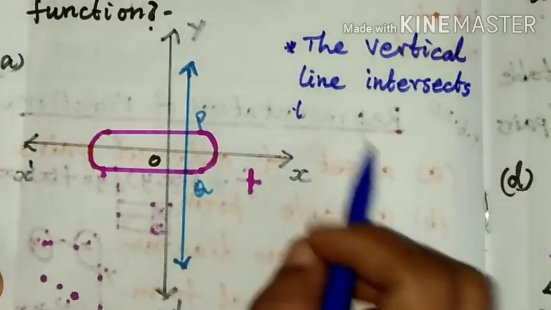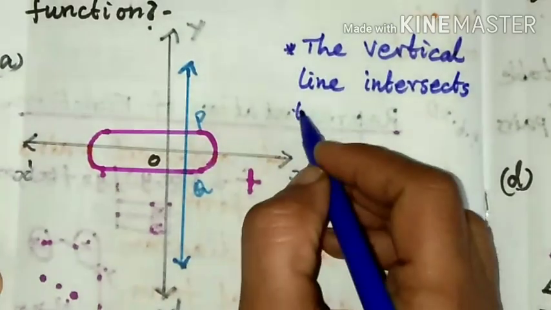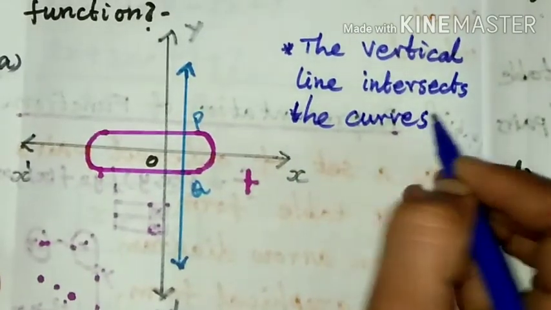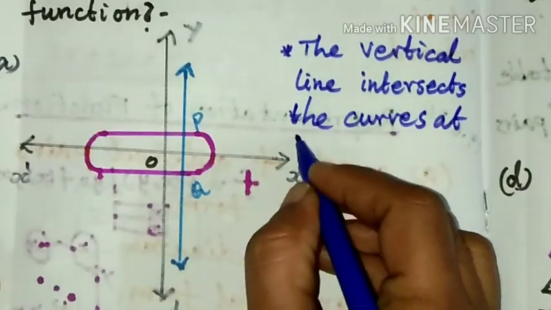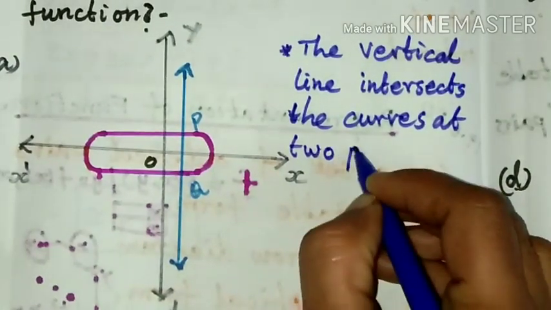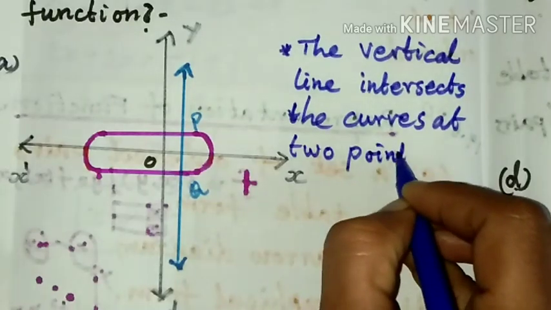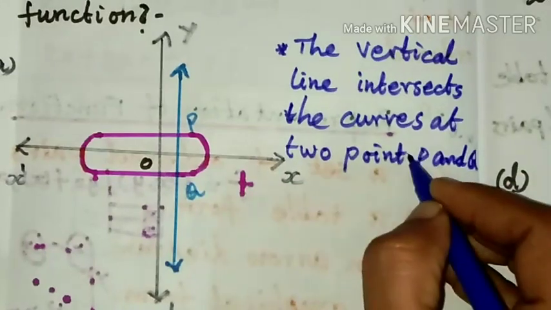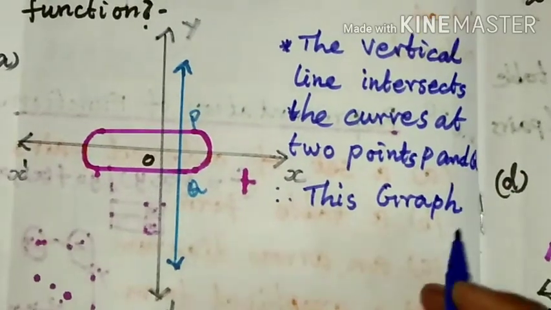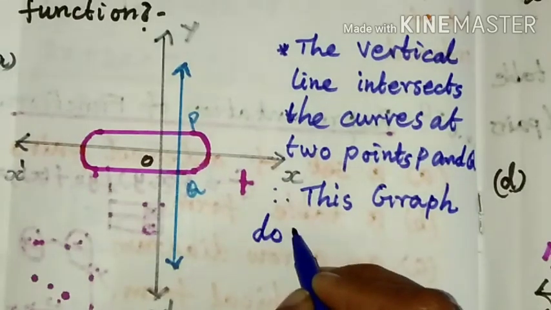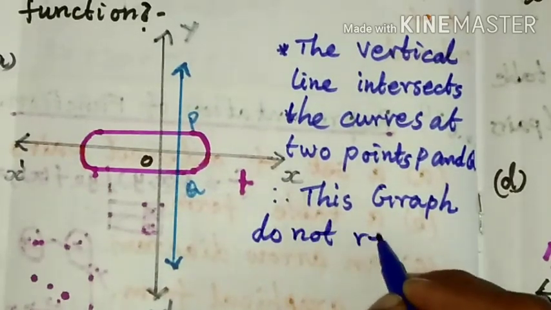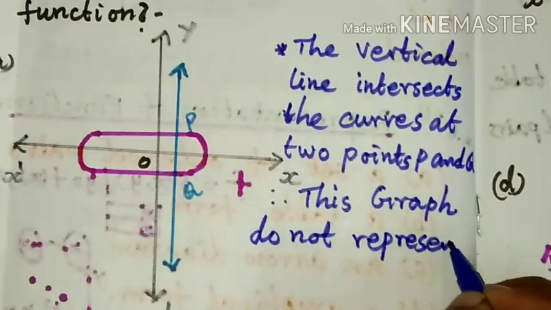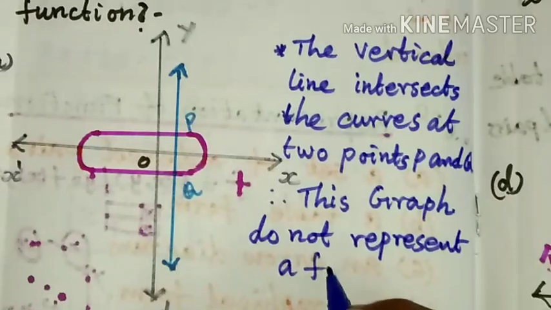So, you write: the vertical line intersects the curve at 2 points P and Q. Therefore, this graph does not represent a function.